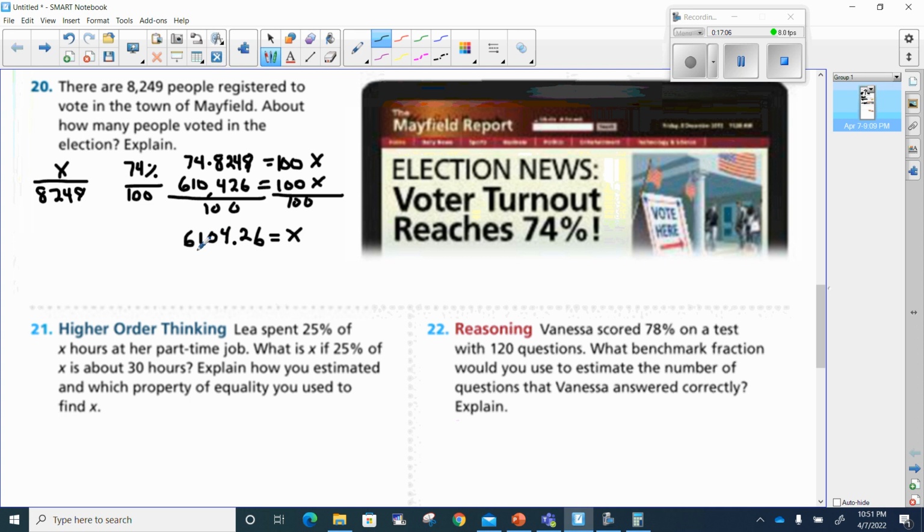And that would mean about 6,104 people. There's no such thing as 0.26 people, right? So I would say about 6,104 people voted in the election.